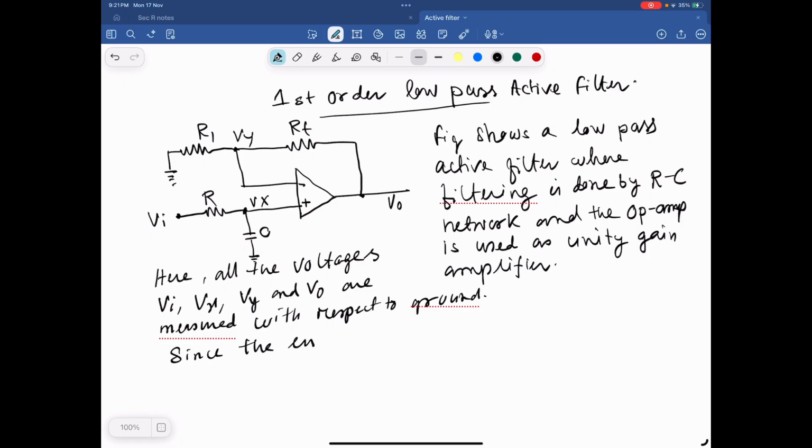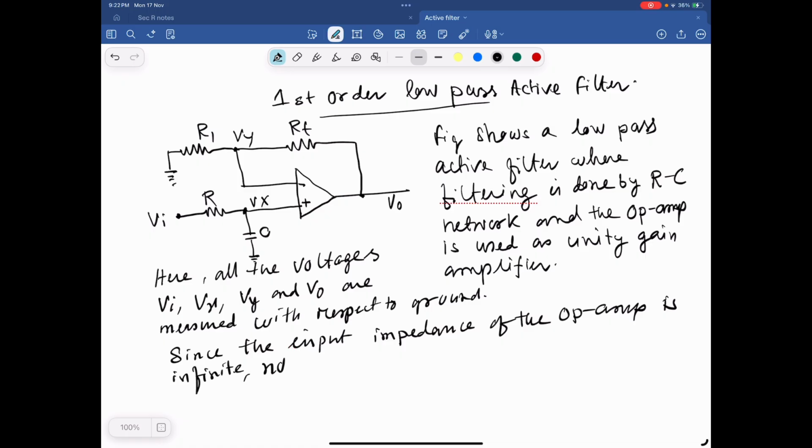Since the input impedance of the op-amp is infinite, no current will flow into the input terminal.